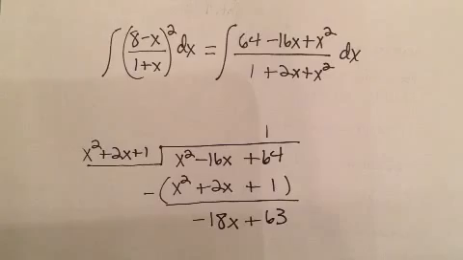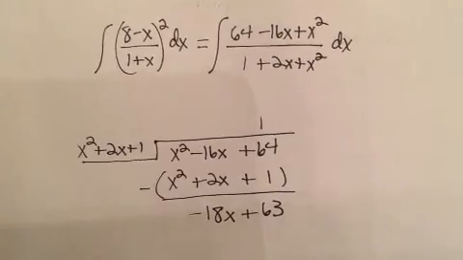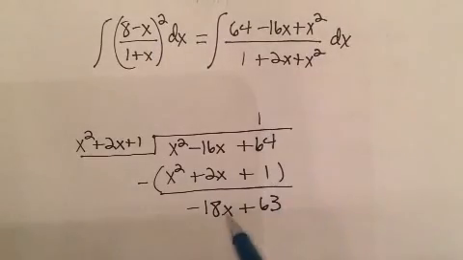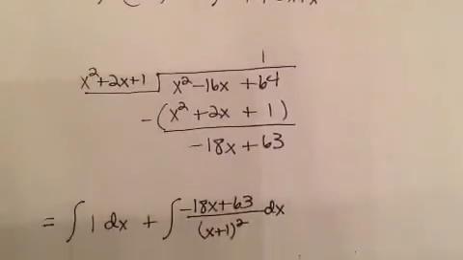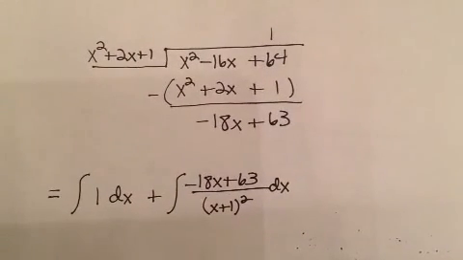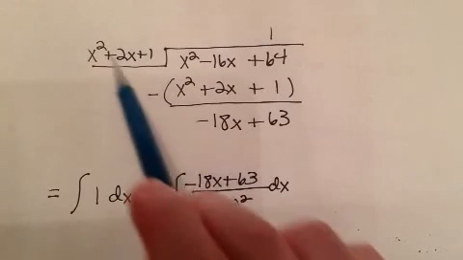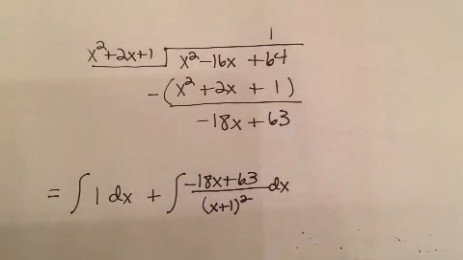For the integration of this ratio, we have 1 plus the ratio, and separating, we have the integral of 1 dx, and then minus the integral of (18x plus 63) over the square of x plus 1 dx.